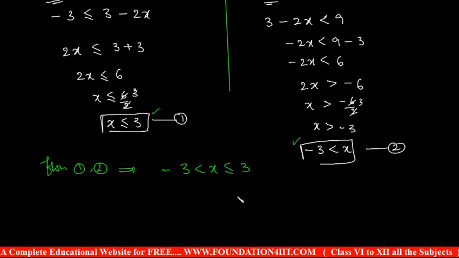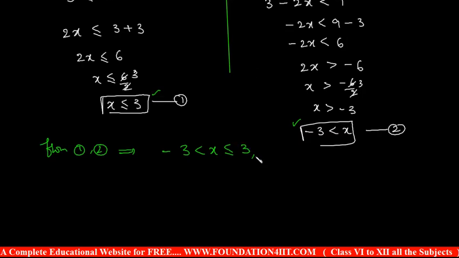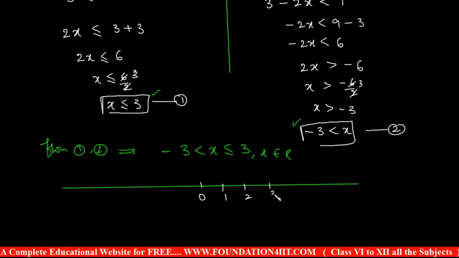Then according to this, same, x belongs to real numbers. That means x is in between minus 3 and 3, but 3 is included and minus 3 is not included. That topic we already discussed previously. So let's take 0, 1, 2, 3, 4, and so on. This is minus 1, minus 2, minus 3, minus 4.